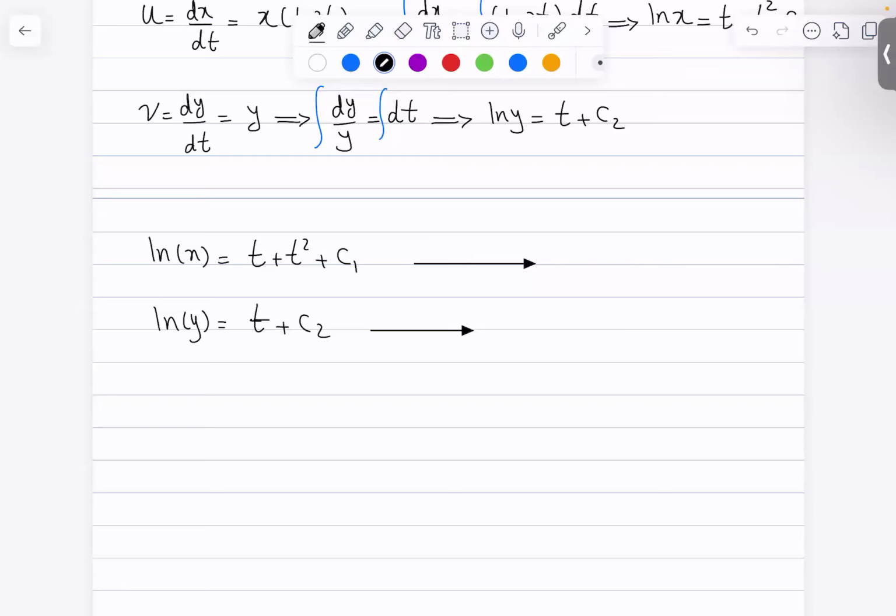So let's write that down: x is equal to 1 at t equals 0 and y is equal to 1 at t equals 0. So if I plug that in, I will get ln 1 is 0 plus 0 plus c1, and ln 1 is 0 plus c2.